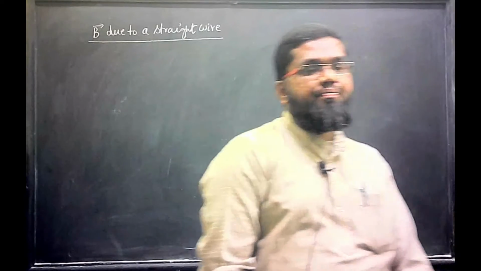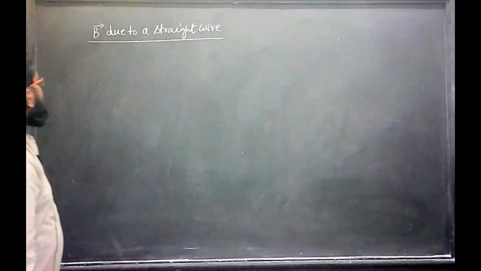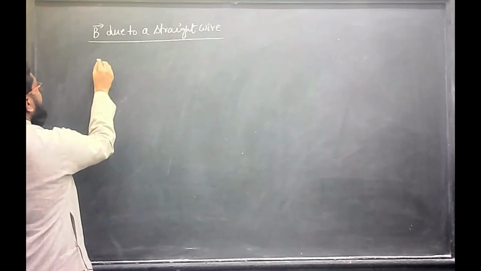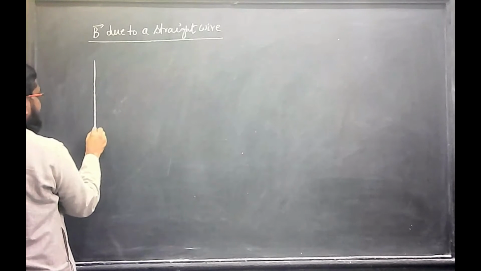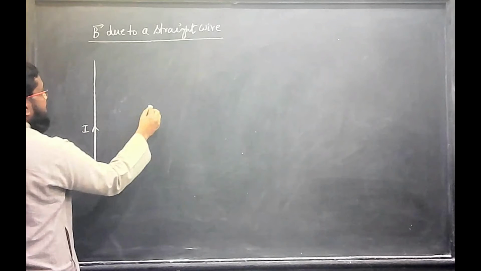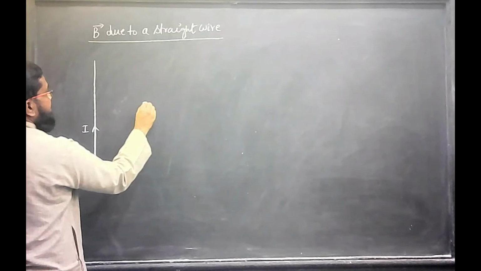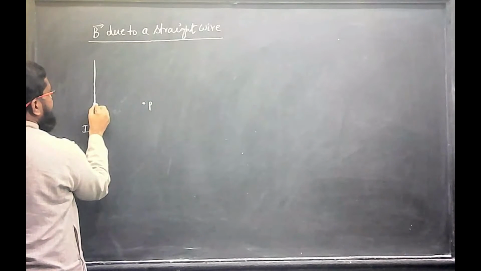Let us see here. The situation is as follows: I have a long wire which is carrying a current I, and there is a point P. At this particular point I need to determine the magnetic field.